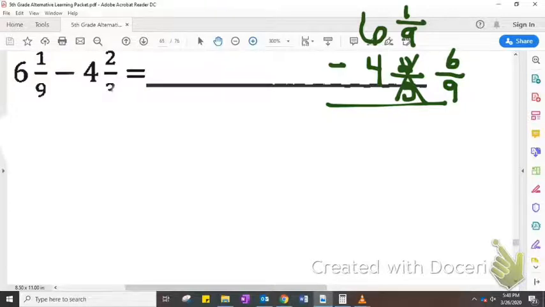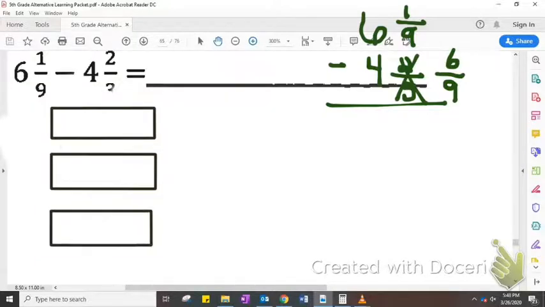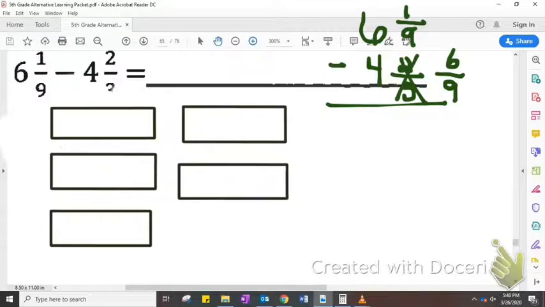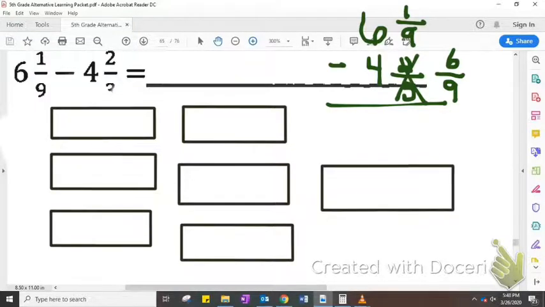Okay, let me draw you a little picture, please. Allow me to do this. I'm going to represent 6 wholes. Trying to make them about equal, but they're not, so sorry. Okay, and then 1/9, so I need 1/9.